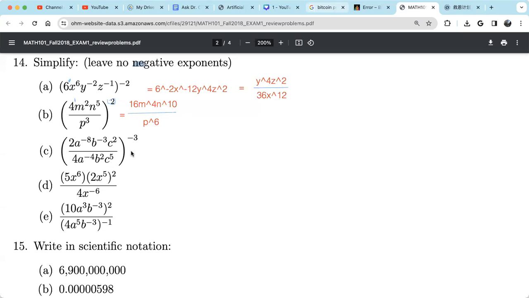Now let's see C. C, we see inside we have numerator, we have denominator. So maybe we'll simplify inside the parentheses first. So let's see what can we simplify. The number 2 over 4, that becomes 1 over 2. Then a raised by -a over a raised by -4.